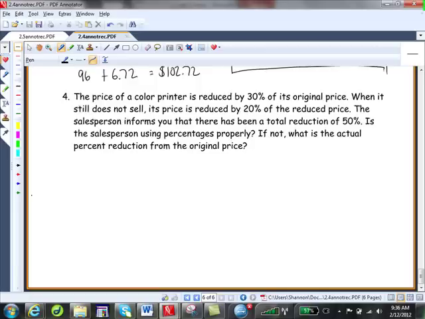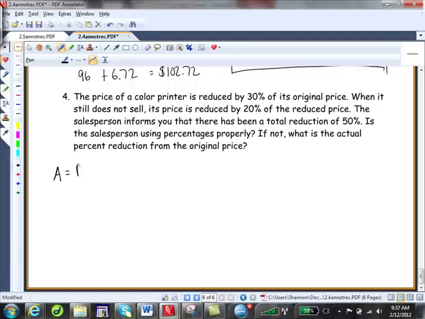If they had done 30% of the original, got a new price, then did 20% of the original and deducted it from that new price, then we'd have a 50% reduction. But do you see, if they're taking 20% of a lesser price, it's not going to be a full 50% of the original. So let's work this out.